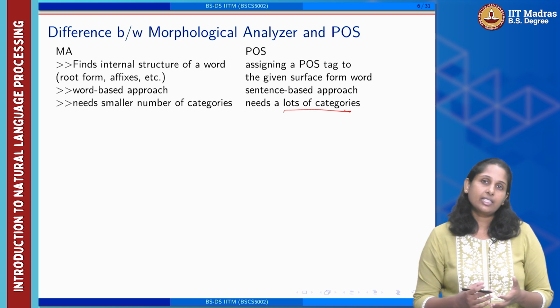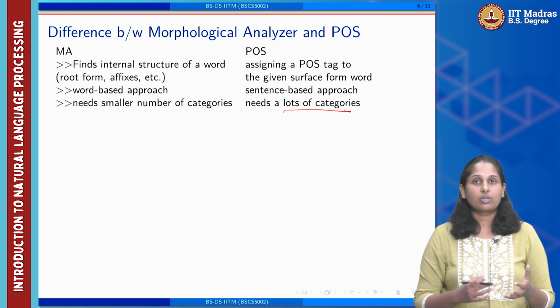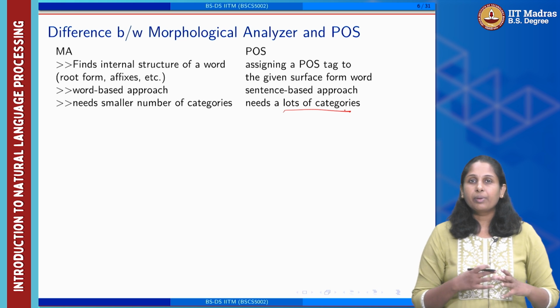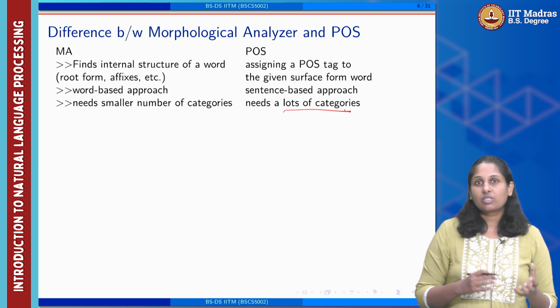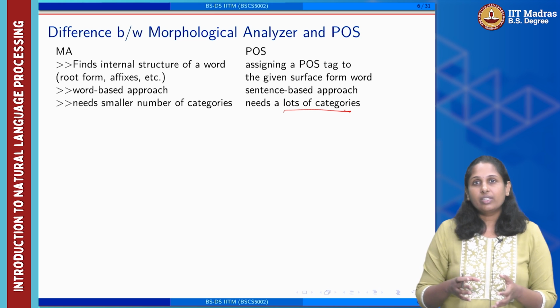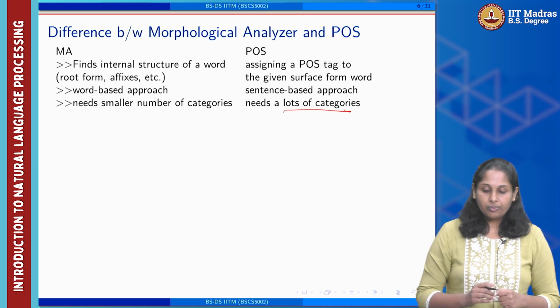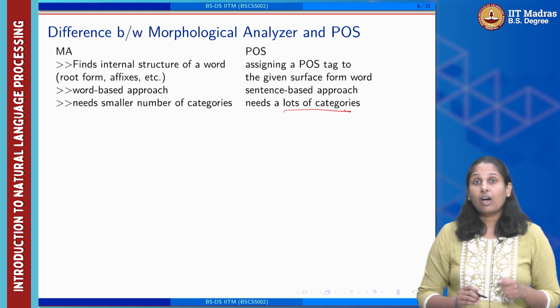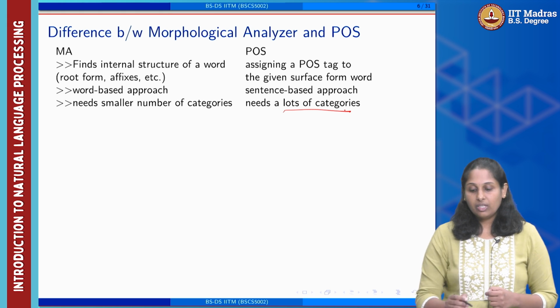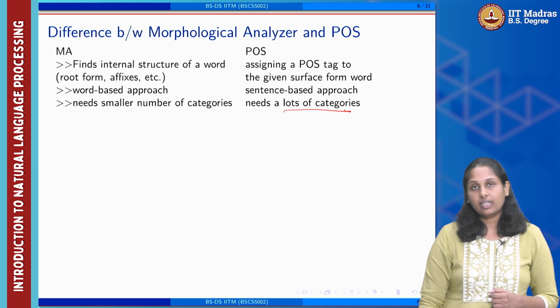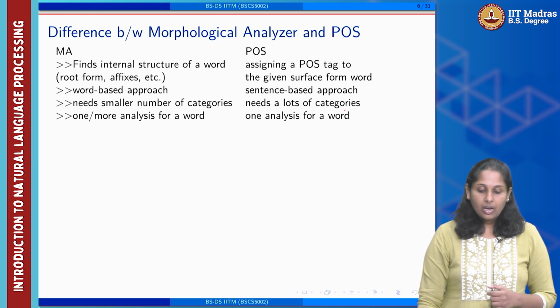But the other categories like preposition, conjunction, particles are not taken up to understand the internal structure, because they do not take any inflection. On the other hand, they are also ambiguous. So now to tackle that ambiguity, we need to build a lot of categories under POS tagging.